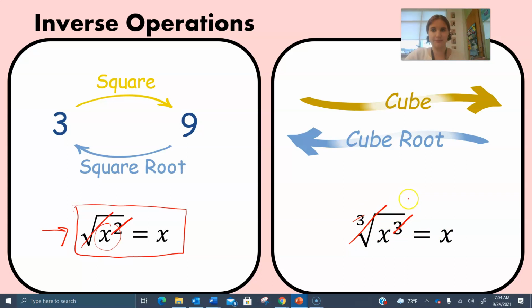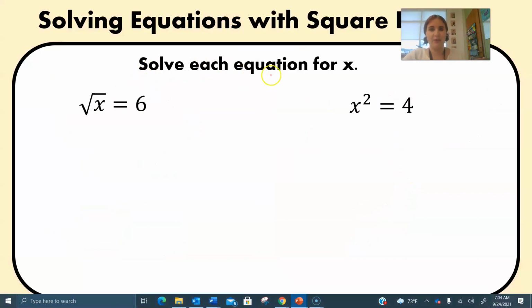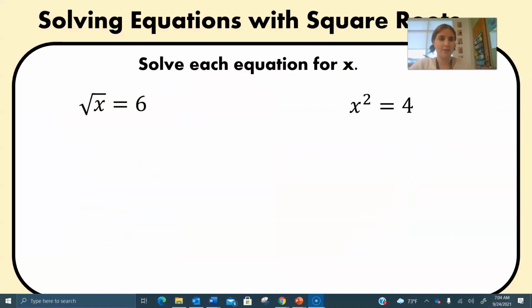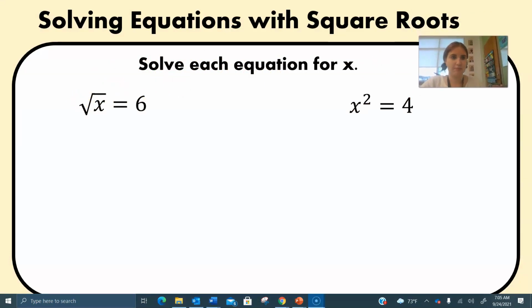Let's see some examples. Solve each equation for x. In the first one, the square root of x equals 6. So the square root of what number equals 6? Maybe you know that off the top of your head, but let's do the steps. I want to get x by itself. To get rid of this square root sign, I have to square both sides of the equation.